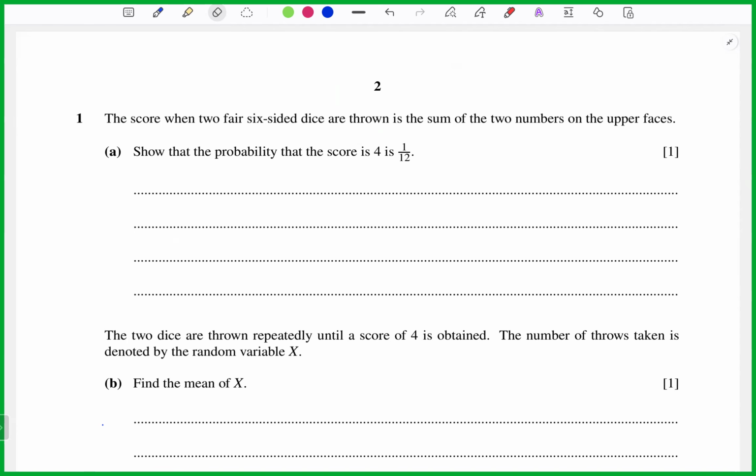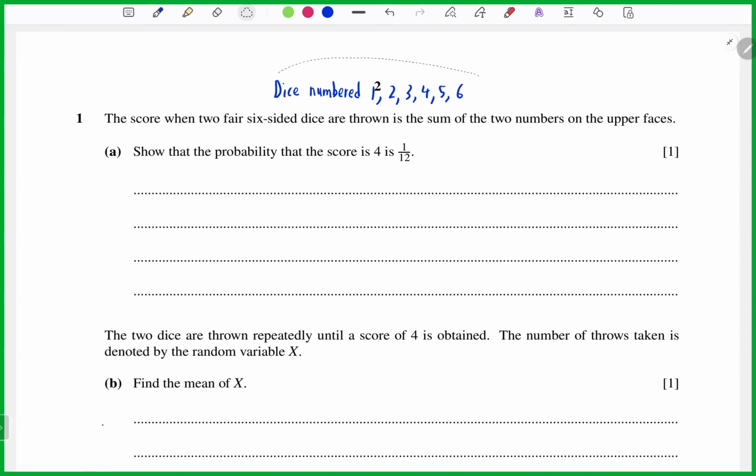Okay, let's say you need to get the probability to get the four, right? So the dice numbers, you have 1, 2, 3, 4, 5, 6.